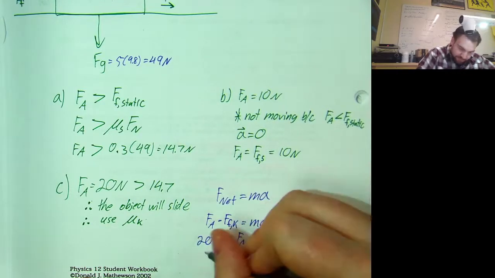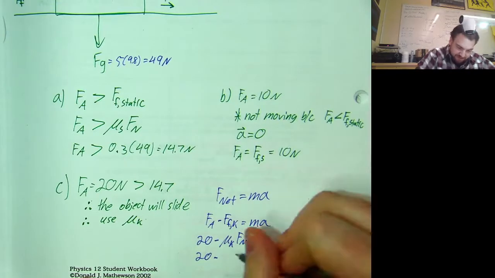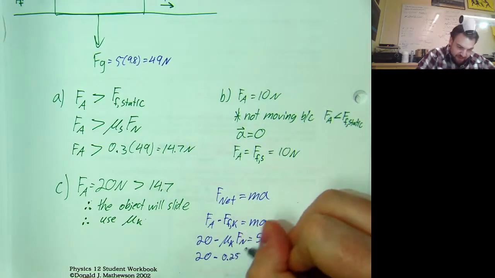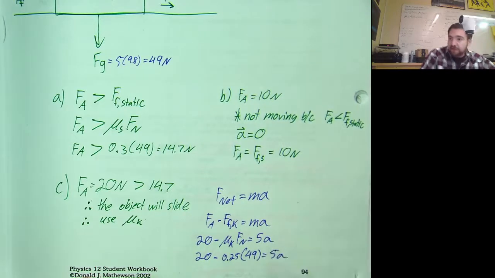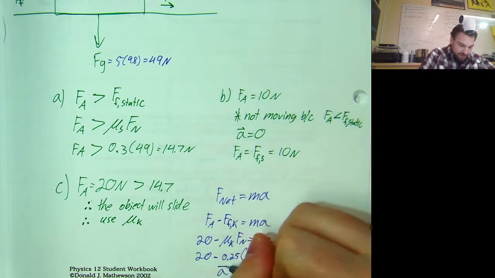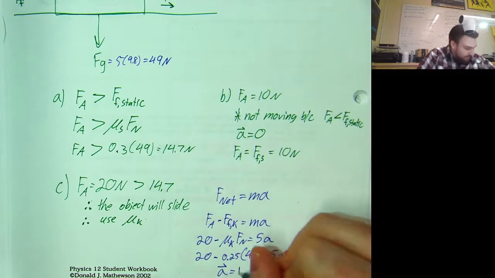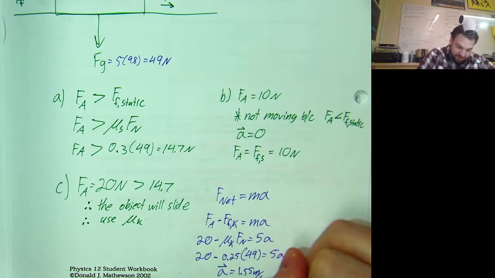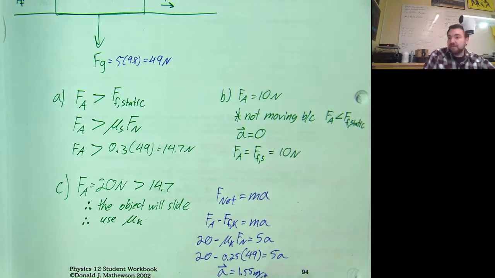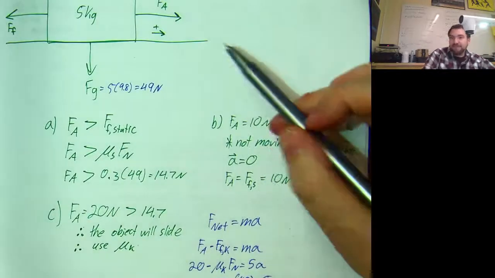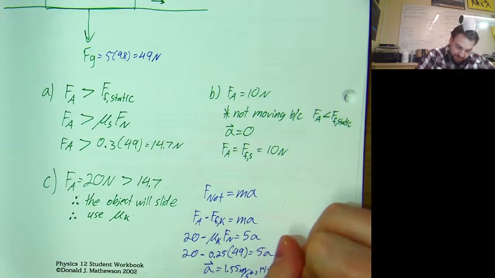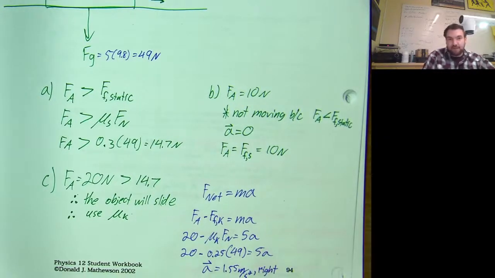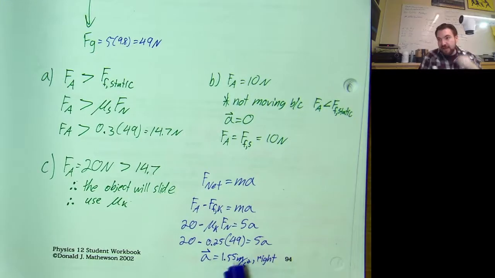So it's going to be 20 minus, now mu k is 0.25, Fn is 49, equals 5a. Finish this off, we find that the acceleration of our object is 1.55 meters per second squared, and it's positive. And we said that to the right was positive, so this object is accelerating to the right. Again, with vectors, you always need a magnitude and a direction, and you gotta have units.